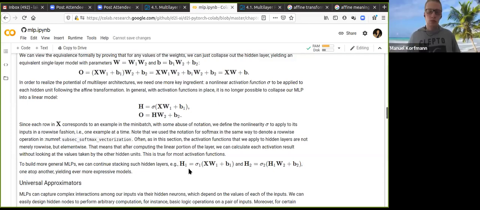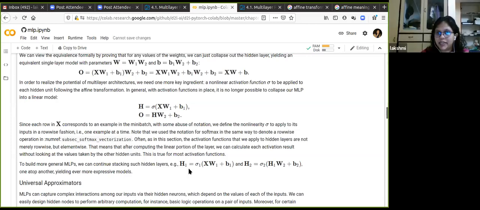Often, as in this section, the activation functions that we apply to hidden layers are not merely row-wise but element-wise. That means after computing the linear portion of the layer, we calculate each activation result without looking at the values taken by the other hidden units.